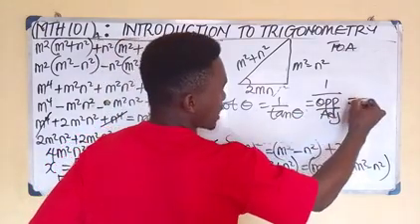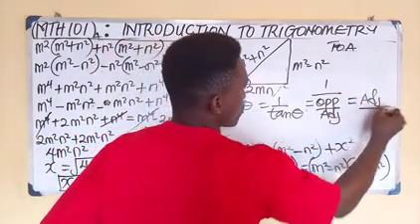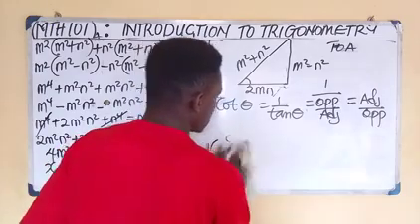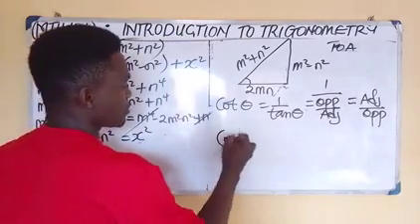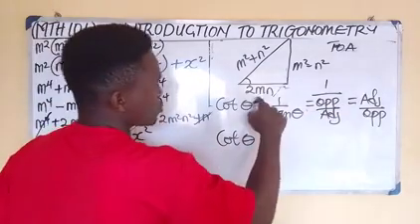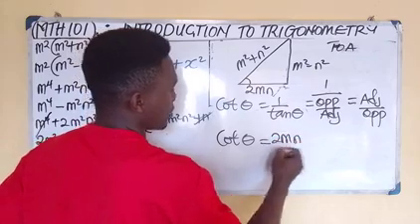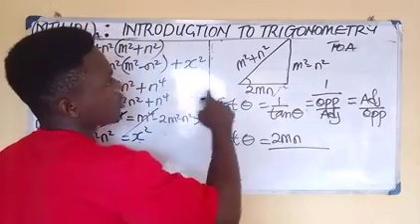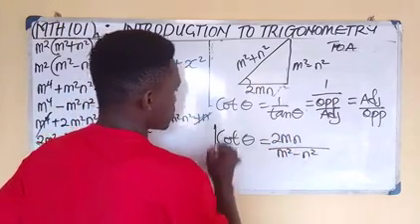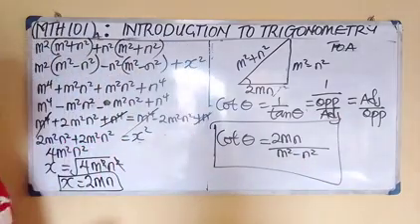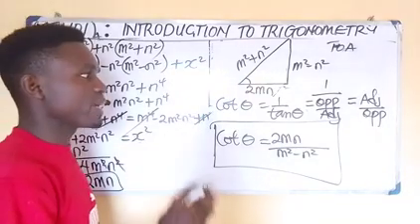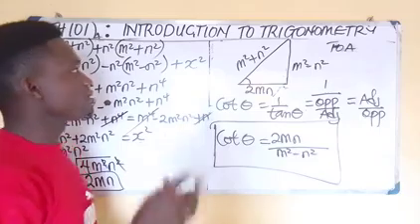If I solve further, I'll be having adjacent over opposite. Alright, the inverse. Don't forget that. So it becomes cot theta equal to adjacent, which is 2MN, over opposite, M squared minus N squared. So this becomes the final answer. Very, very simple. Just take it step by step. You get the answer. Very, very simple.